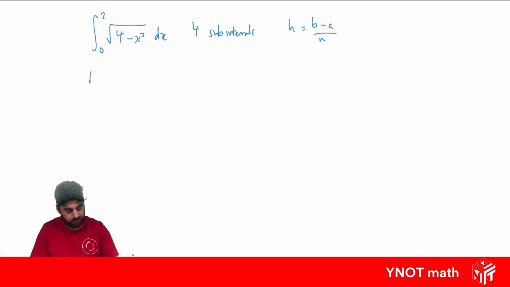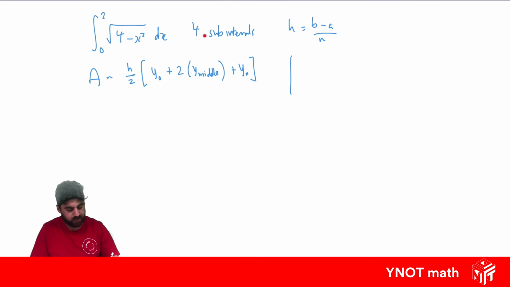We're going to approximate the area with the height over 2 outside of our first y value plus 2 times all our middle y values plus our last y value, and we're going to do a table to help us out.